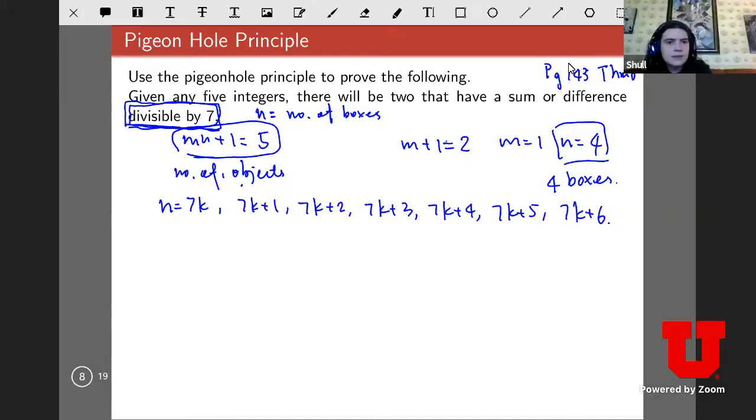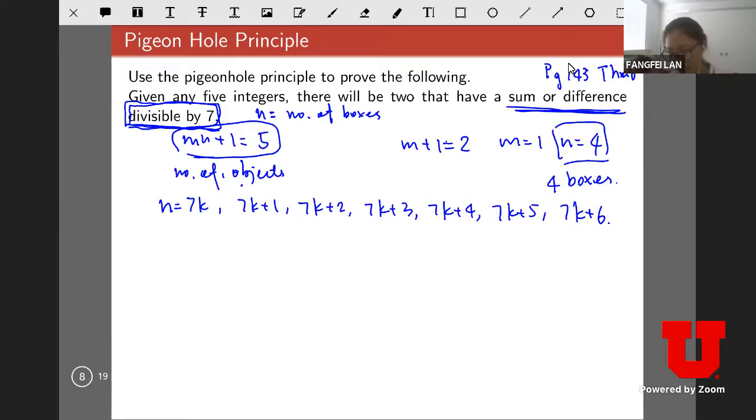Yes, I also see an answer in the chat. Yep, that's correct. The reason is that you have to look at the problem prompt. It says you want a sum or difference divisible by 7. So you're trying to find ways to make the sum or a difference divisible by 7.